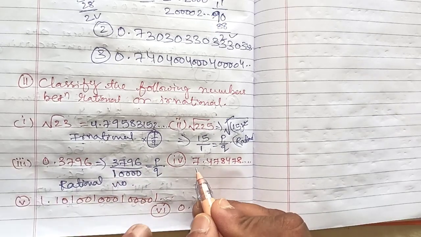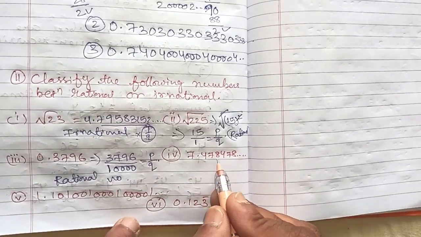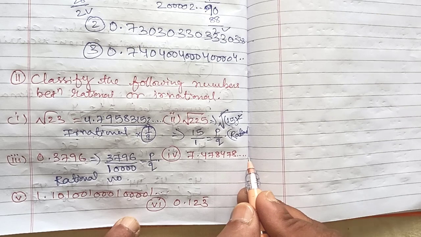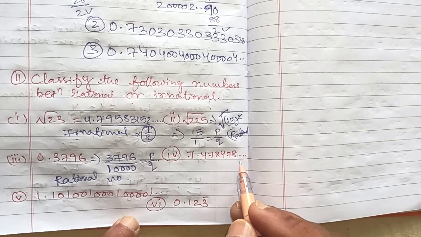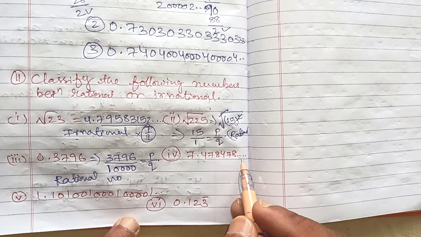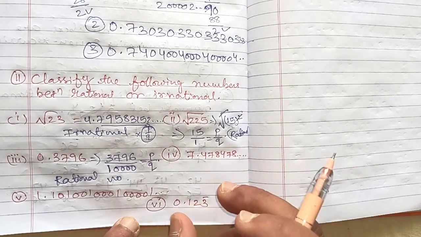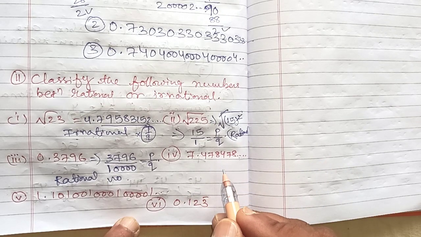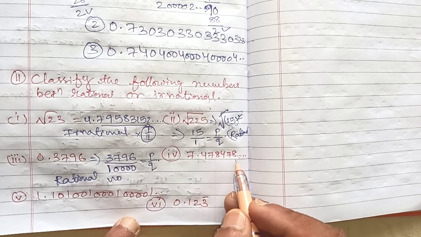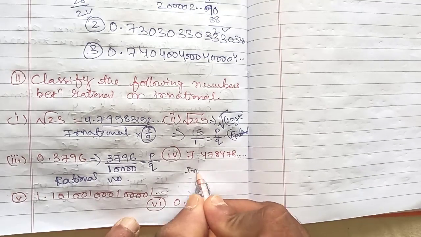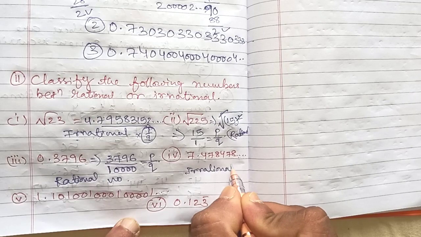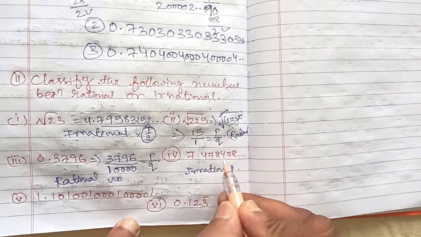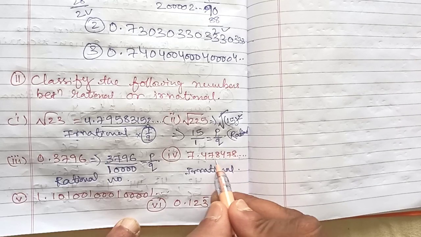Now look at this number, 7.478478 dotted, which means it keeps on continuing. It is endless, and its remainder cannot be 0. So this number is irrational, because it cannot be represented in the form p by q, and the digits are all different, meaning no number is repeating again and again.